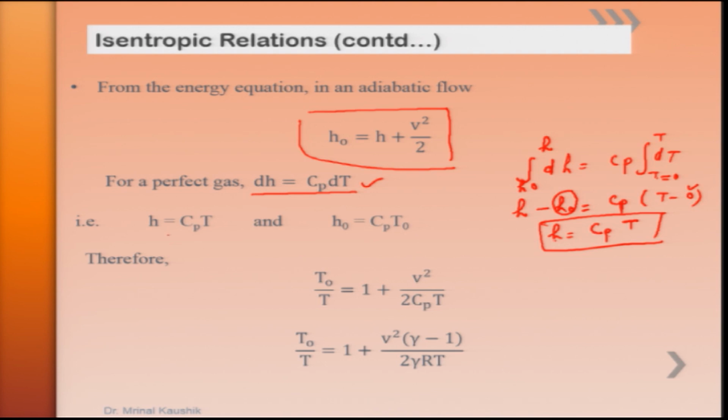So, for static enthalpy we have Cp T, and for stagnation enthalpy we have written H naught equal to Cp T naught.